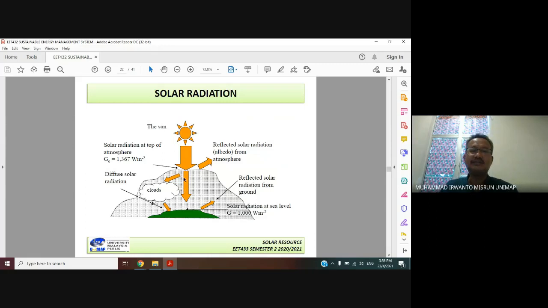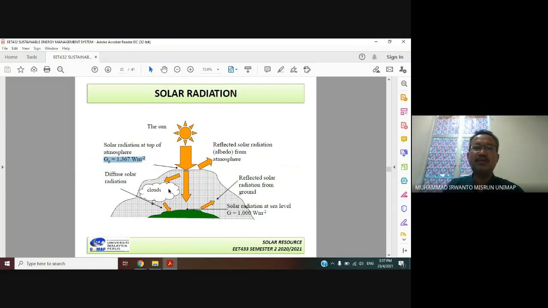Okay, we can see here, this one is the sun, and this is cloud above the surface of the earth. Normally the highest solar radiation is 1,367 watt per meter squared. Around this value, we have measured and recorded it using the weather station.